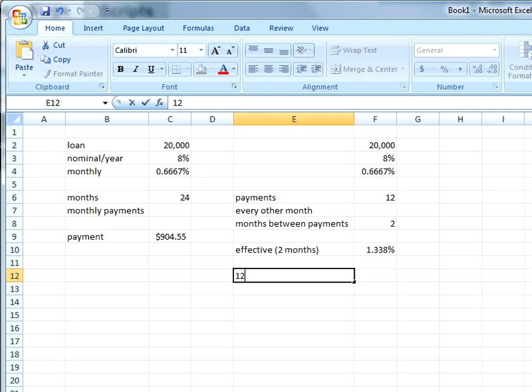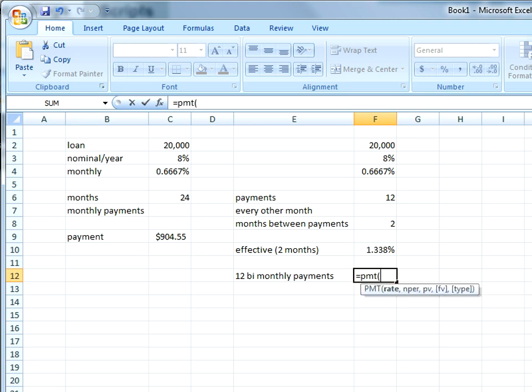Now we're going to have 12 payments every other month, 12 bi-monthly payments. The payment is A given P. The rate we're going to use is the bi-monthly rate, and then we still have 24 months to pay, but that means that we're going to make 12 payments only.